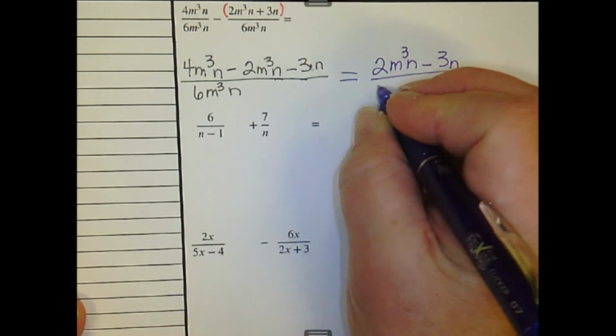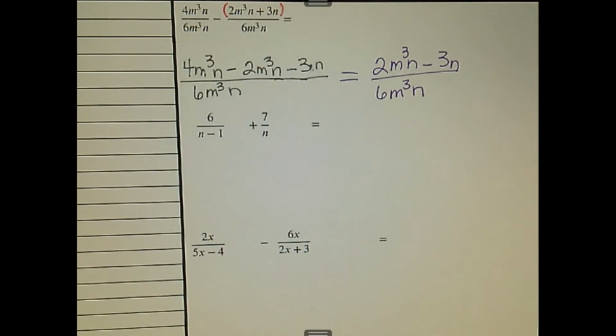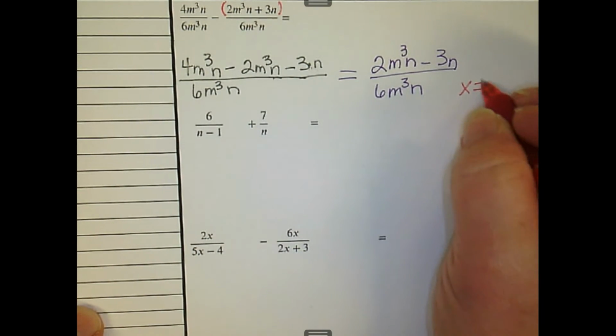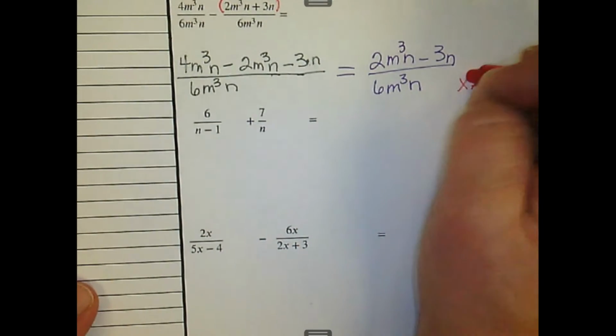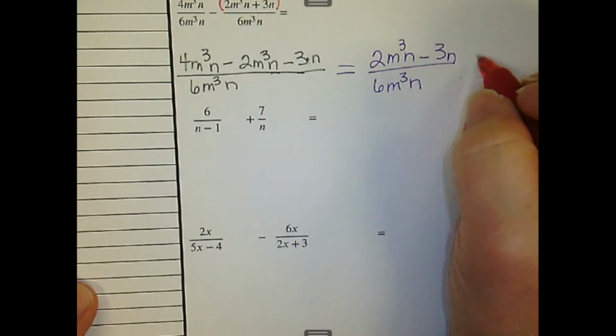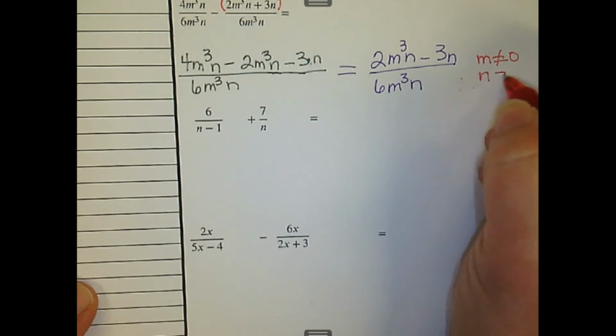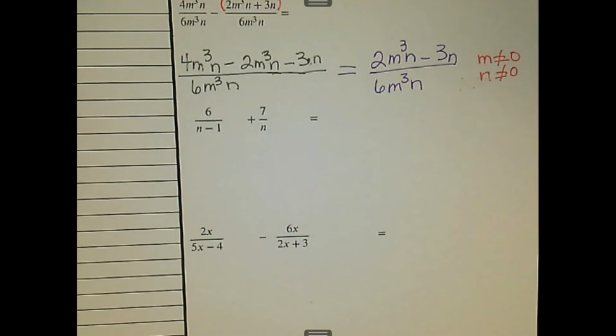All of that is over 6m to the third n. I know that m cannot be equal to 0, and n cannot be equal to 0, because I cannot divide by 0.